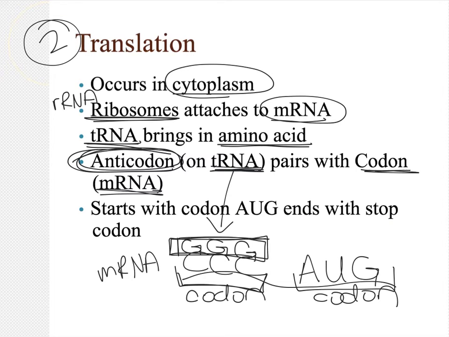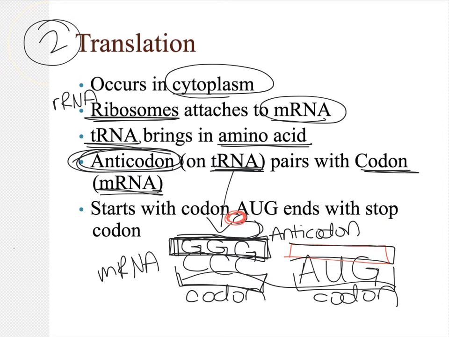These are the pieces that fit together. And so this set of GGG here is called an anticodon. And it brings that amino acid piece. Okay? And then same over here. If I've got AUG, it says, oh, okay, that would be UAC. And that anticodon right there is going to match with it.